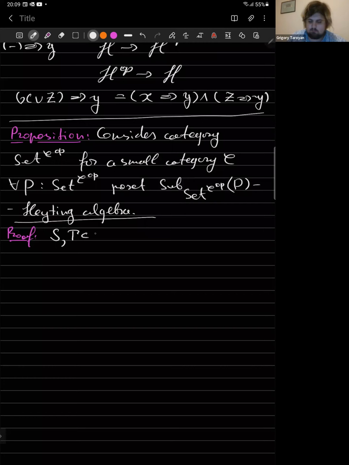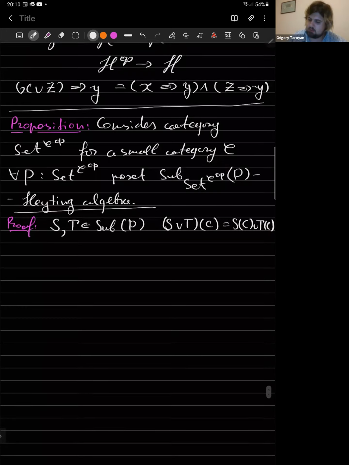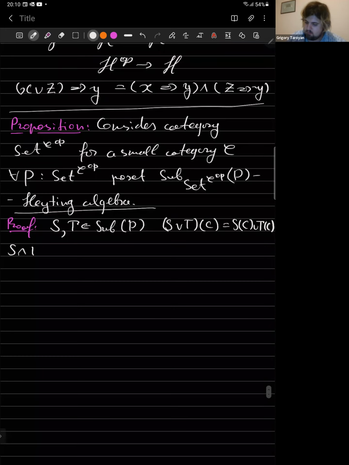Given S and T subobjects of P, we define the disjunction of S and T as a union. And analogously, a conjunction is defined as an intersection.